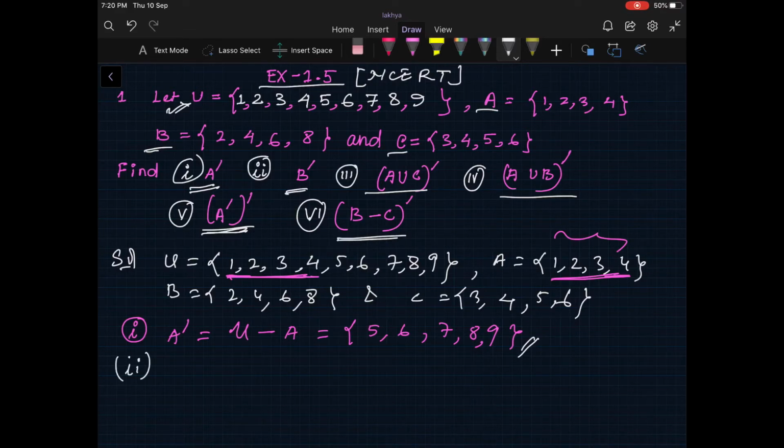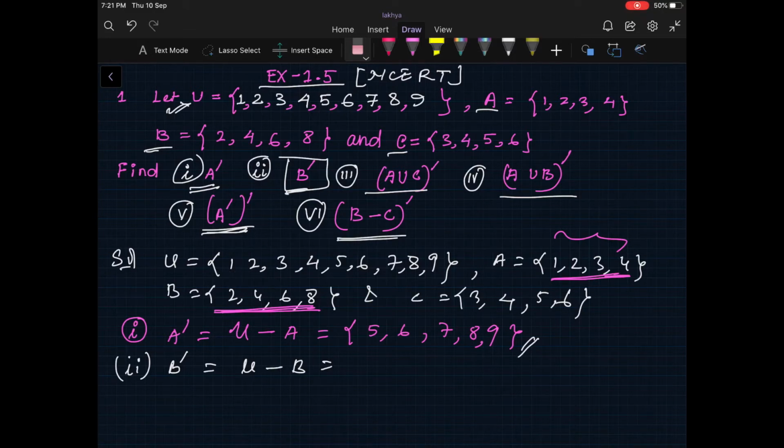Okay, so now let's find the next one. B complement. Let me show you how to find B complement. So B complement is similarly universal set minus set B. How to find that? Eliminate the elements in set B from the universal set.